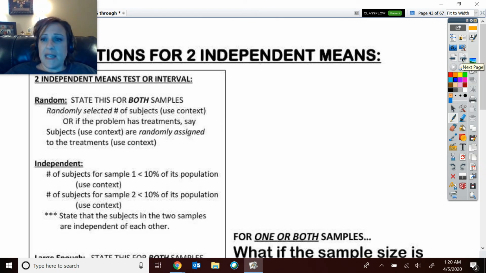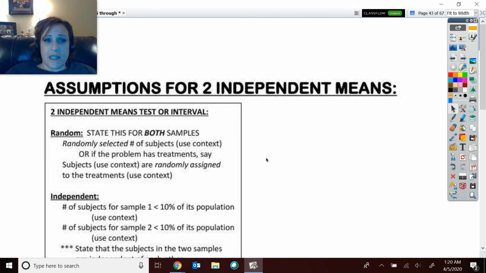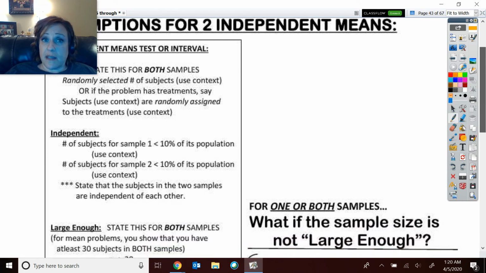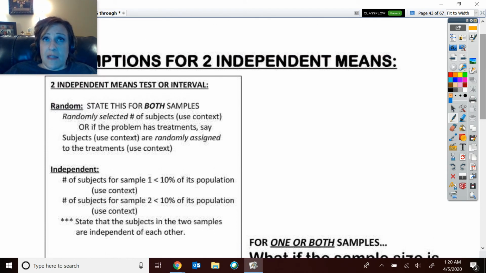All right. And here's our final discussion about the assumptions for when we have got our two separate means. So let's take a look at that. Same as proportions, with just the difference being the independent.